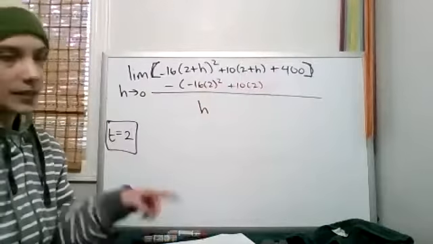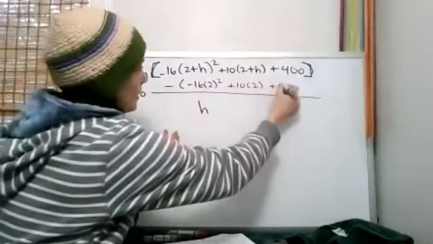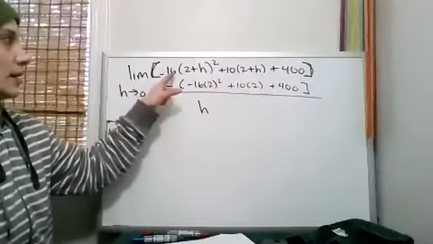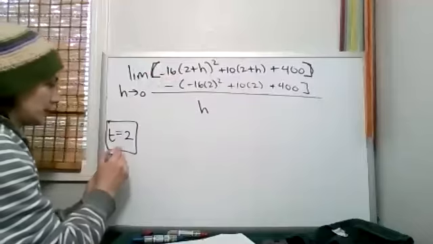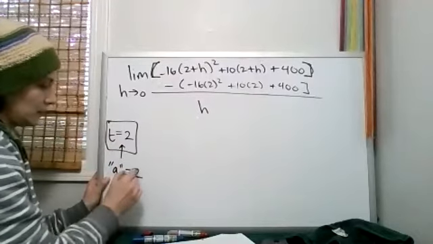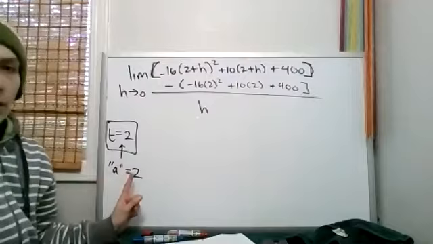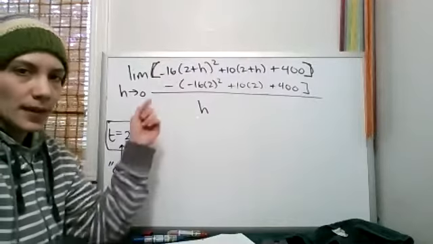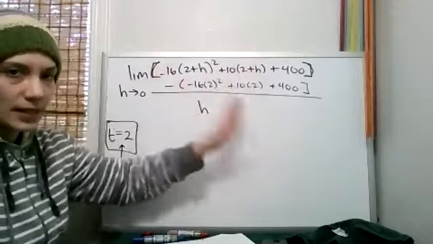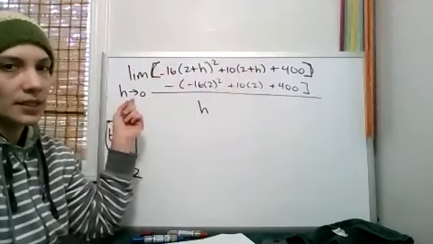Okay, add 400. So I've got everything. I just need to expand, combine like terms, and then we'll see if we can get the limit.